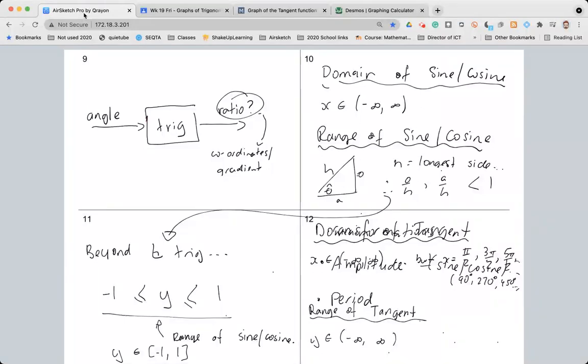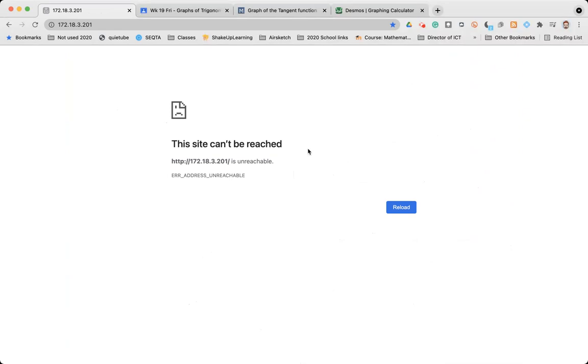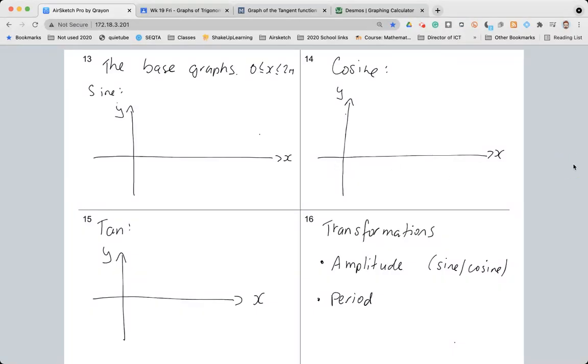So I start by drawing my function here. I'll just have to refresh the screen. It's not working. Give me a second. There we go. Just catching up. So I try to do it in kind of one easy move and keep it as neat as possible.